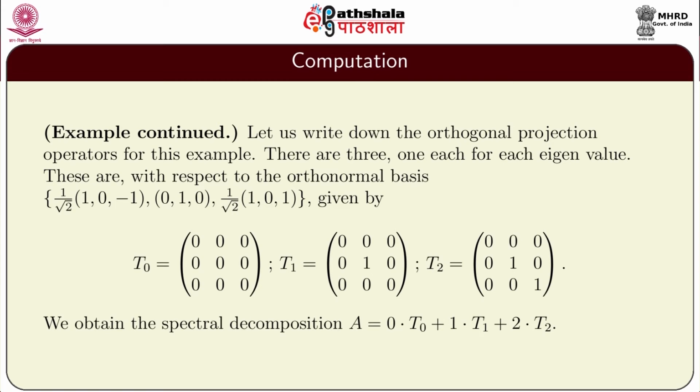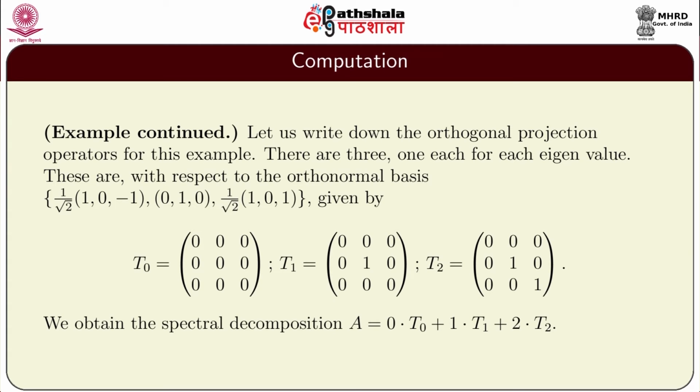There are 3, one for each eigenvalue, with respect to the orthonormal basis given by T0, T1 and T2, where T0 is the 0 matrix, T1 is this 3 cross 3 matrix where there is only one non-zero entry, namely 1 in the 2, 2 position, and T2 is this 3 cross 3 matrix with first row 0, second row 0, 1, 0 and the third row 0, 0, 1.